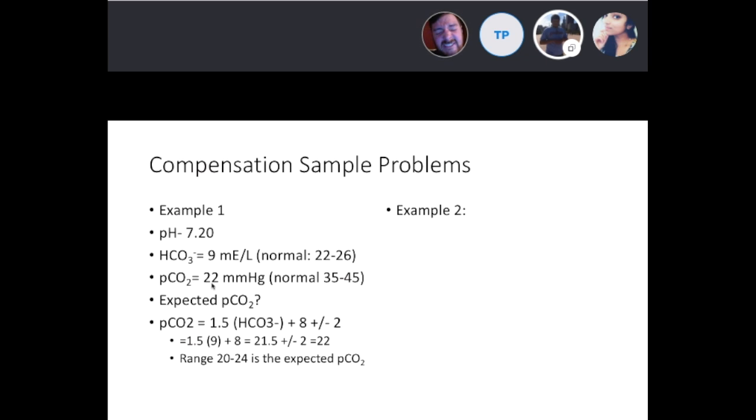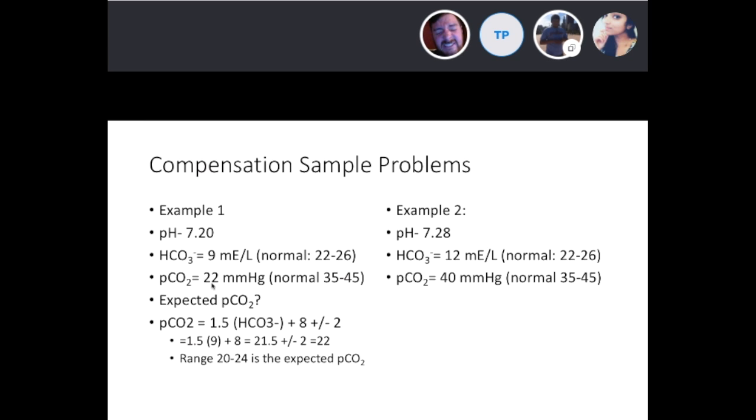All right, so let's take a second example. pH is 7.28, bicarb is 12, and PCO2 is 40. So pH is low, bicarb is low, so obviously it's a metabolic acidosis.